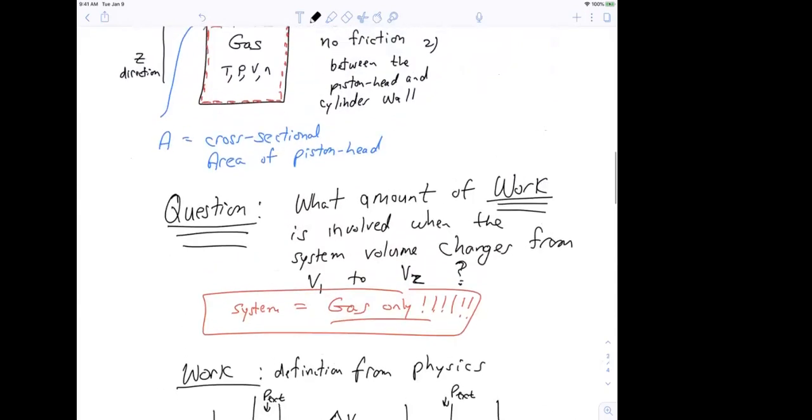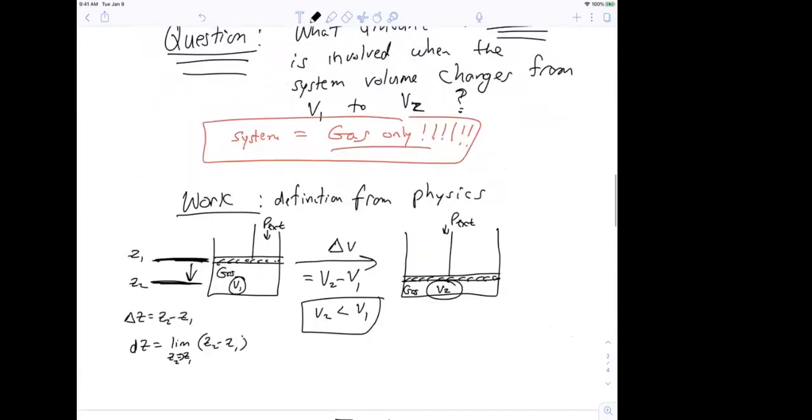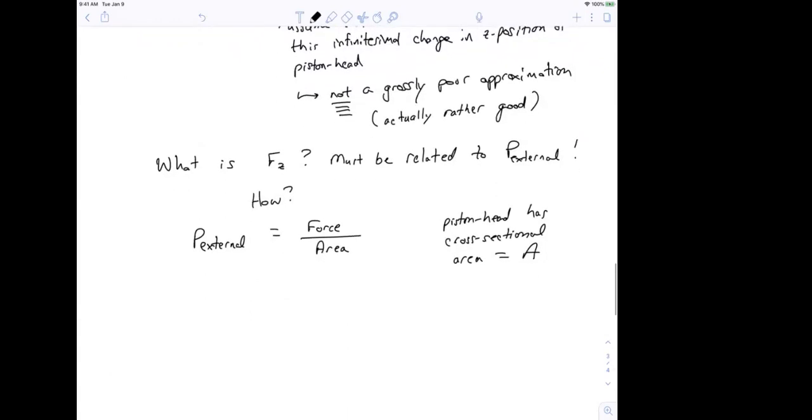I hope I still have it. Yes, right here. So A is the cross-sectional area of the piston head. So if we want to know what this force is, we can just rearrange this expression. We just isolate force. Force is equal to P external times the cross-sectional area. That's all we need to know.